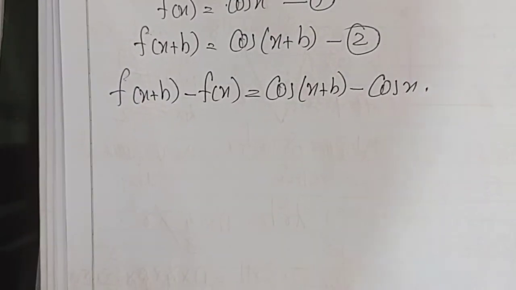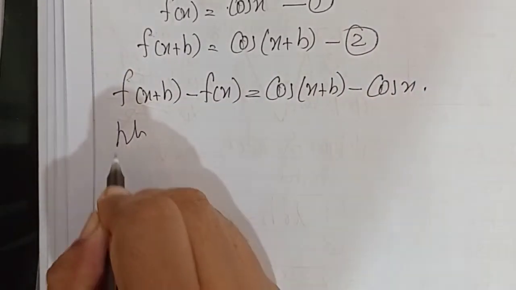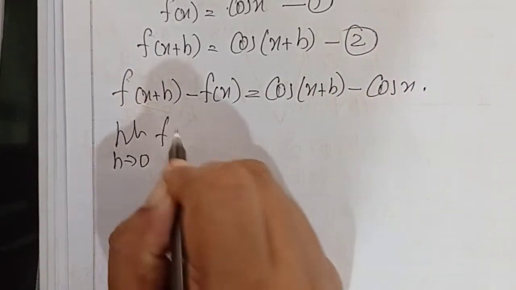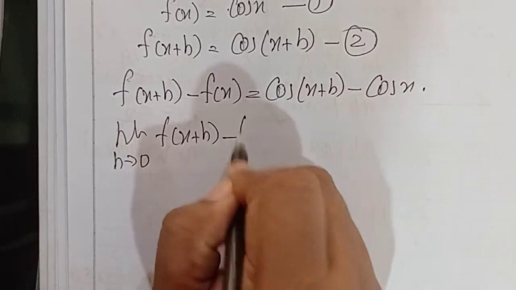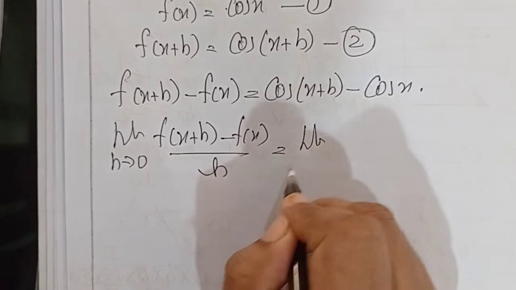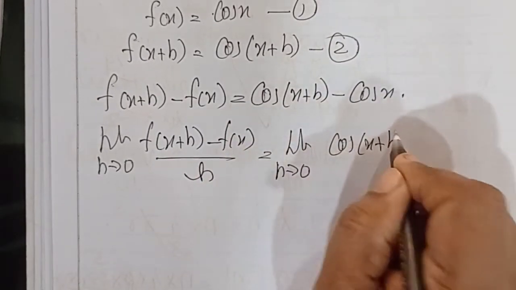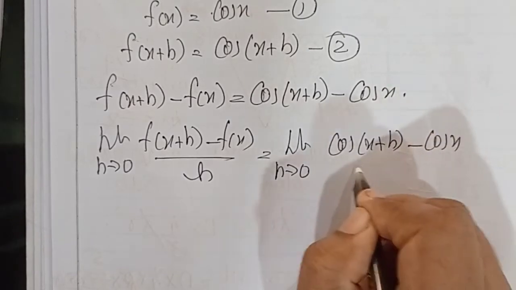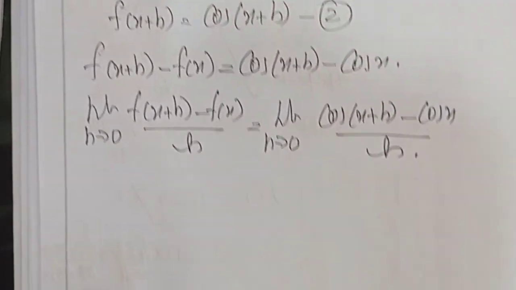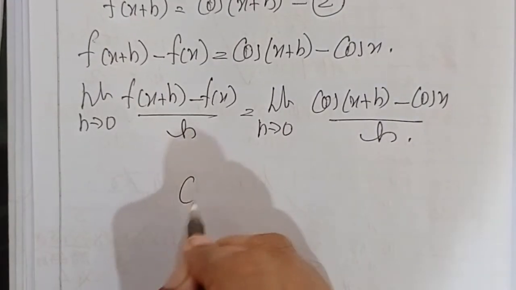Understand? Now what is the next step? Limit h tends to 0, f of x plus h minus f of x by h equal to limit h tends to 0, cos of x plus h minus cos x by h. Understand? Then can you say what is cos C minus cos D?